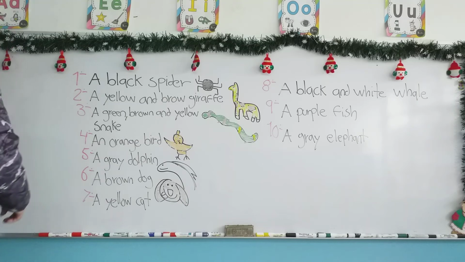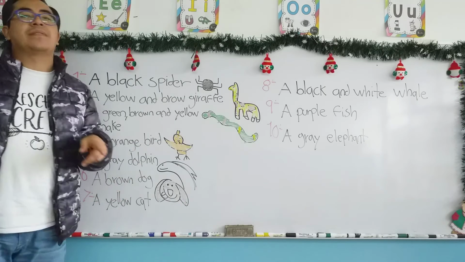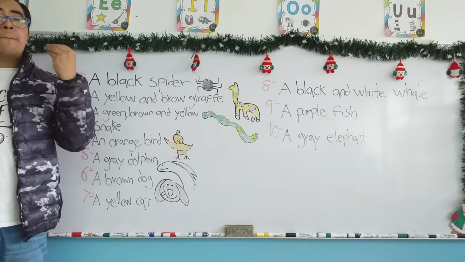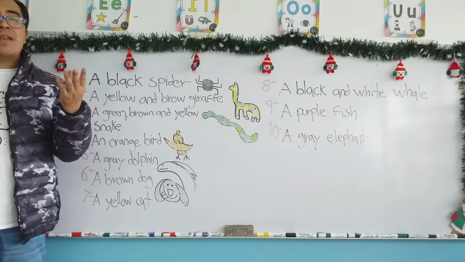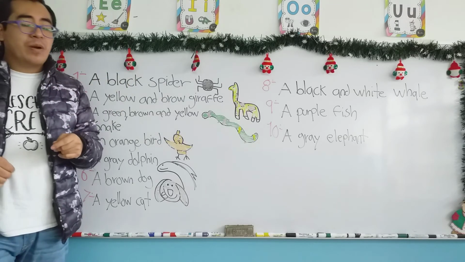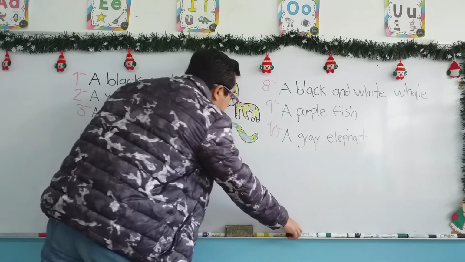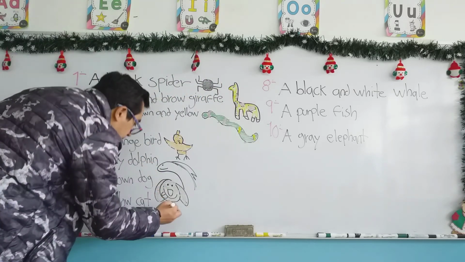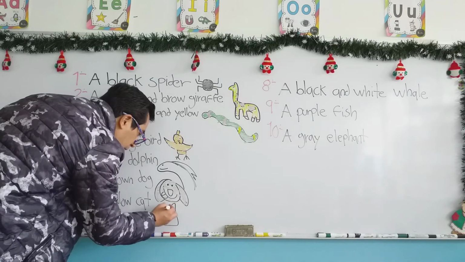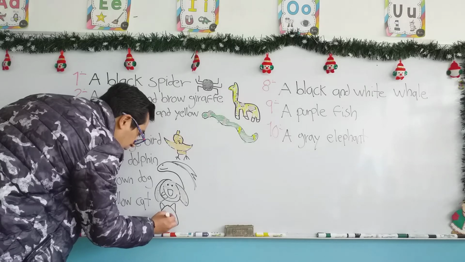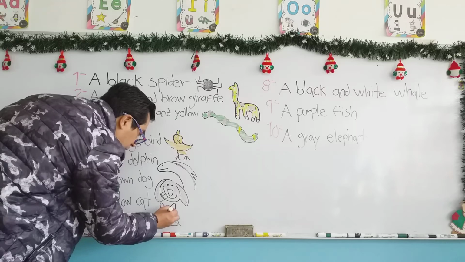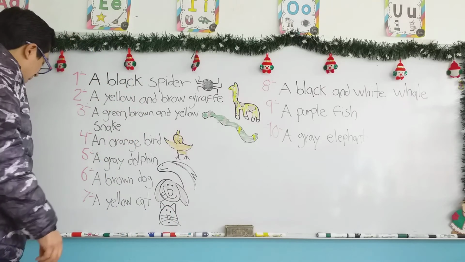We continue with number 7, and it says a yellow cat. Once again, we're talking about pets. Cat, similar to the dog, but remember, smaller. So, a yellow cat.